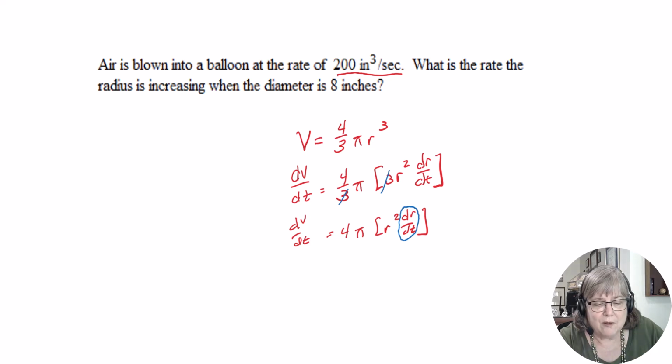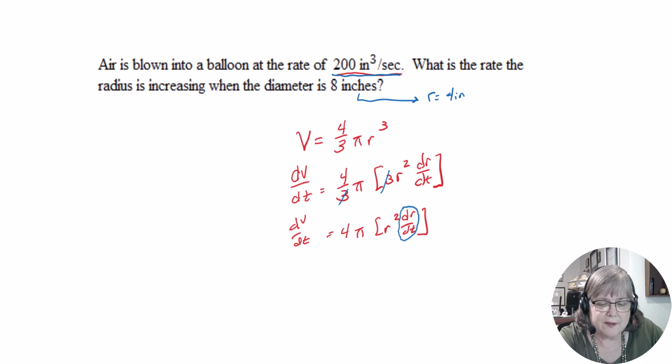So you look and go, all right, what is the rate the radius is increasing when the diameter is 8 inches? Be careful that if the formula has radius, they may give it to you in a diameter, which this is. So if the diameter is 8 inches, the radius is half that, right? So this implies that the radius is 4 inches. You with me so far?